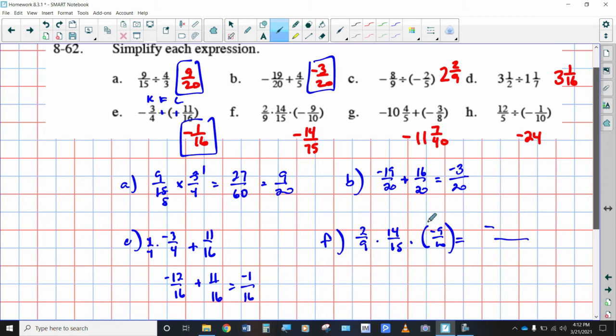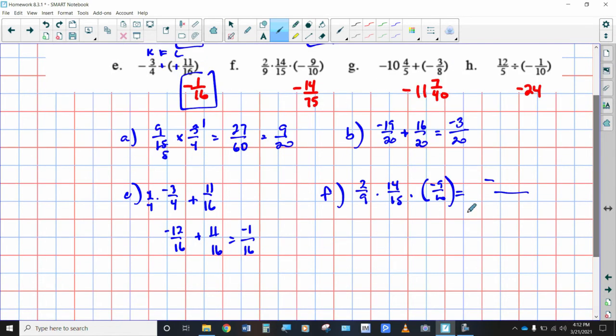In the numerator, I could multiply straight across if I wanted to, but that's going to make for a huge fraction that I have to simplify. So I'm going to turn this into prime factors. 2 times 7 is 14. And I'm just going to write this as 3 times 3, not -3 times 3, because I already know my answer is going to be negative. So I don't really have to worry about the sign anymore.